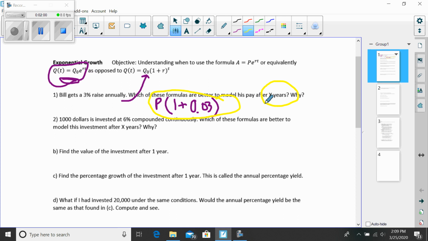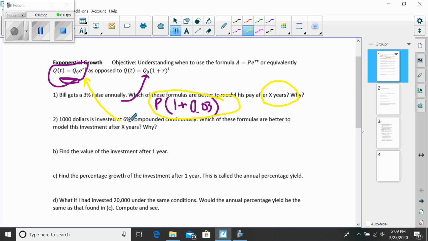Now, in number 2, if we compound continuously, then that's this formula. And if I find the value of the investment after 1 year, I'm going to let you do the work, but actually, let's compare.